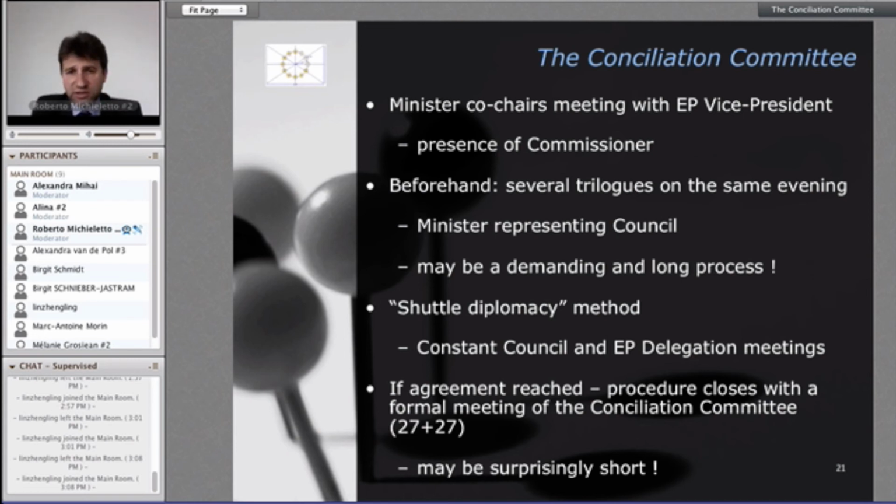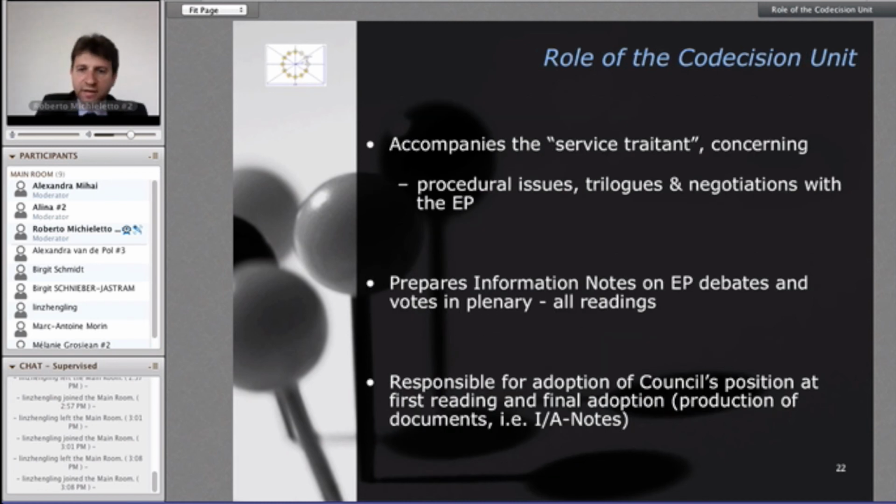We found a compromise. Compromise is the number X, Y, Z. Thank you very much everybody. We are happy. We have a joint text, the meeting is closed, so even less than 1 minute. So sometimes this is quite strange if you are not used to it, to see the conciliation committee so fast. But actually, behind this, there's a lot of work.